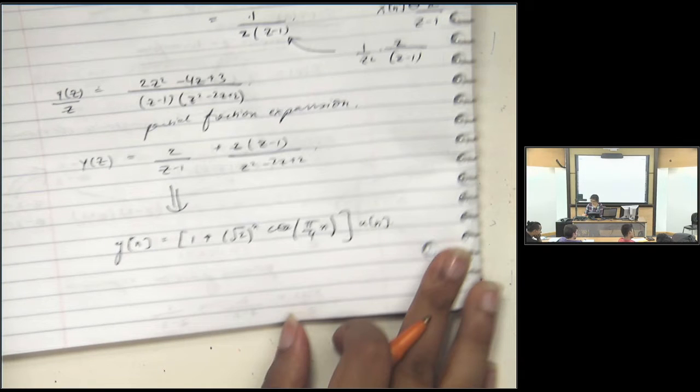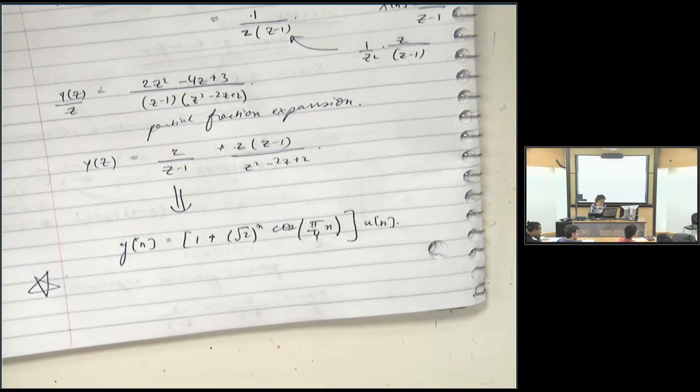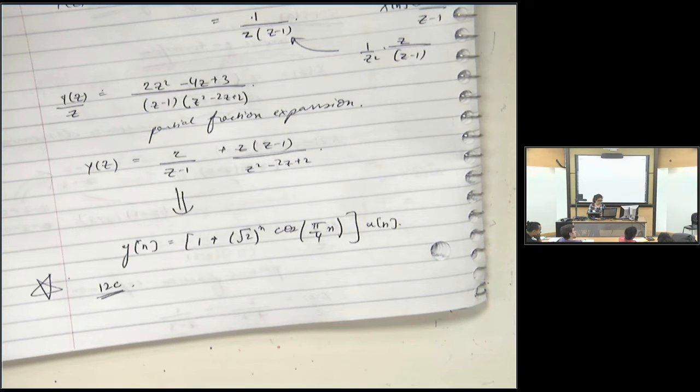Okay, so an important transform pair to remember is the 12C. Let me pull that up.